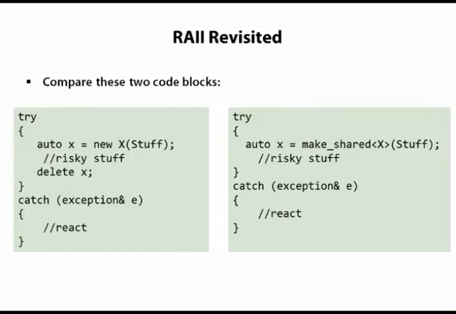Now the great stuff is if risky stuff throws an exception, we go out of scope. We unwind the stack. And as part of unwinding the stack, the destructor for X will go off, and that will clean up the memory. So there's no chance of a memory leak. When I covered shared pointers, I said this is even more useful when exceptions are in play. And now I think you can see why, because otherwise that line you skipped, you might have to repeat it, generally.